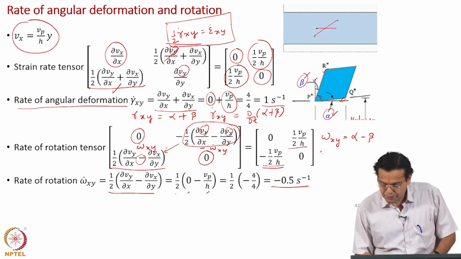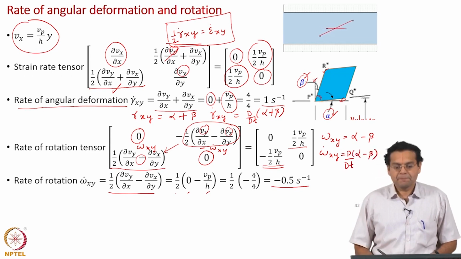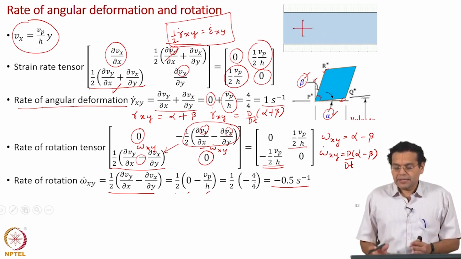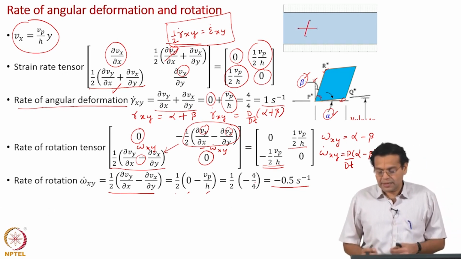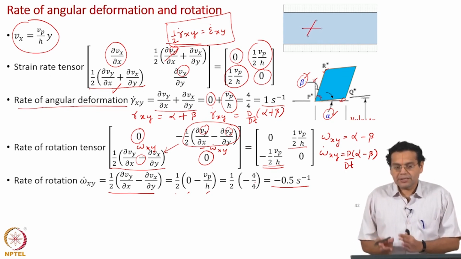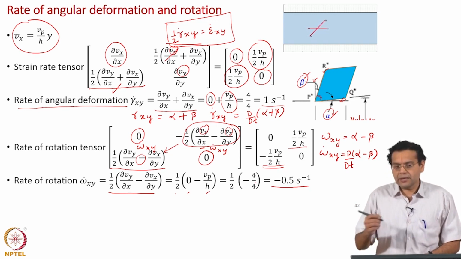Now, if you want to calculate omega dot xy, then it is the material derivative d by dt of alpha minus beta. So, this tells you the net rotation. This rate of rotation tells you the rate at which alpha minus beta changes. So, it tells about the net rate of rotation of the element, and in this case it is negative, which means it is rotating in the clockwise direction.